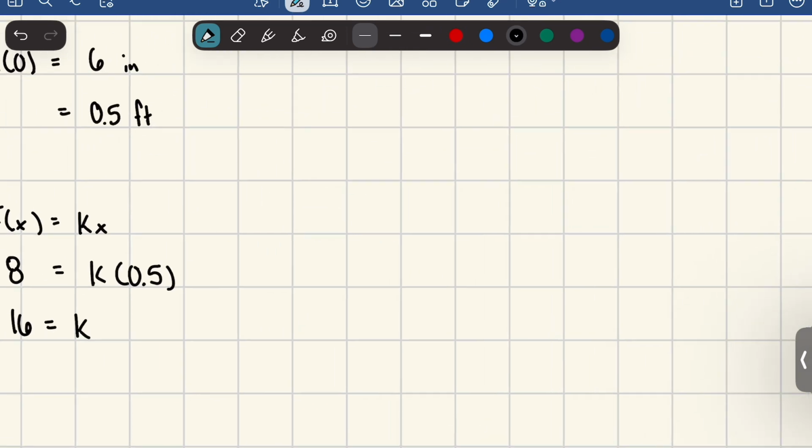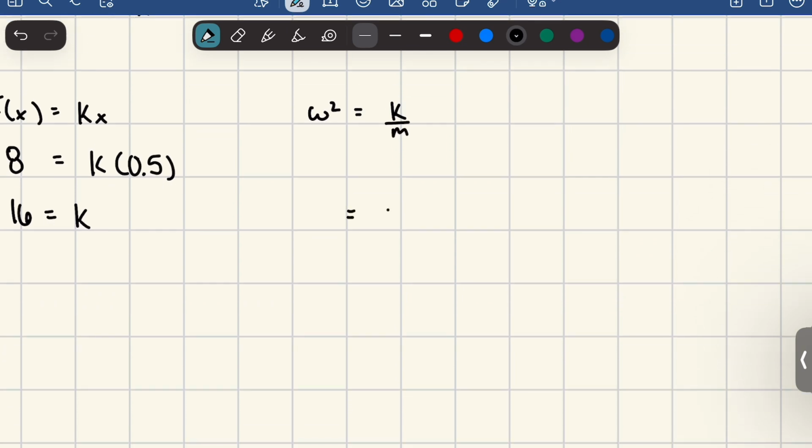So omega squared equals k over m. And k is 16. Let's write the numbers.